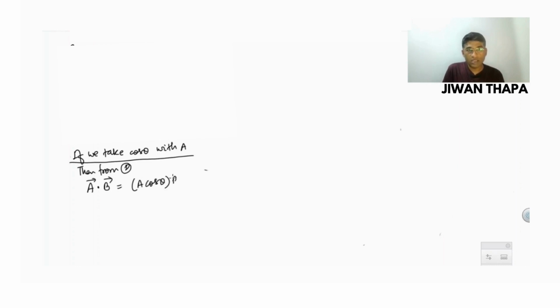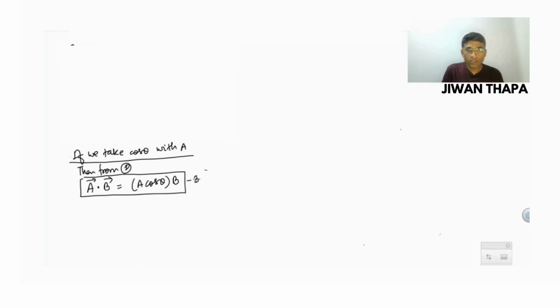Now if we take cos theta with a, then from 1 we can write vector a dot vector b equals, I'm keeping inside the bracket, a cos theta times b.